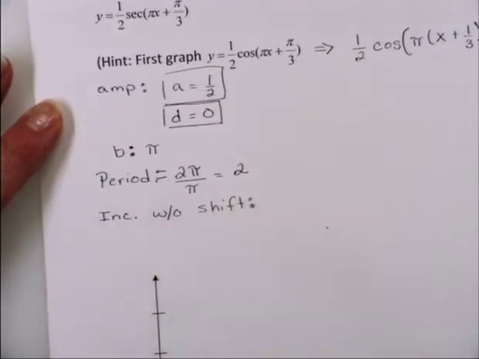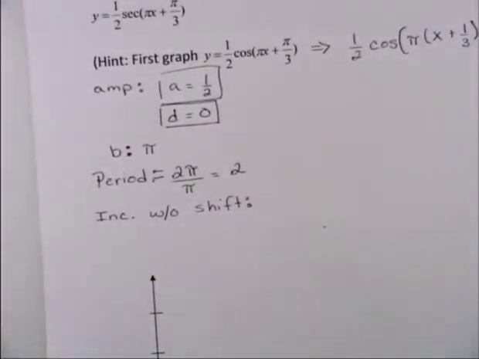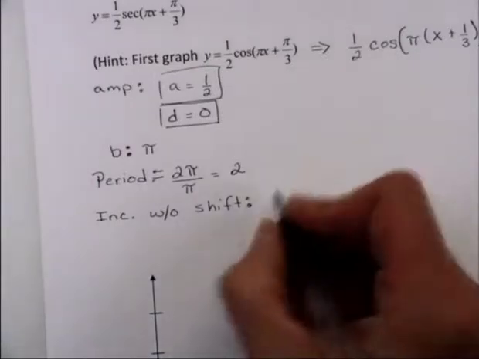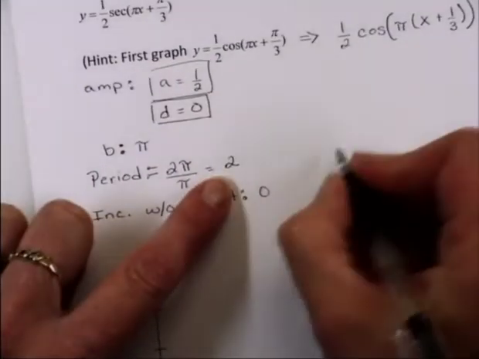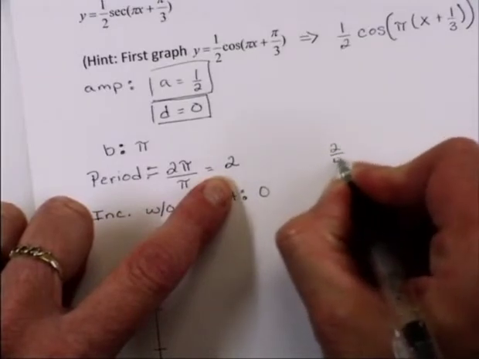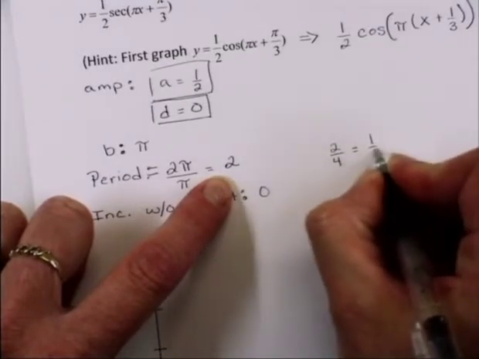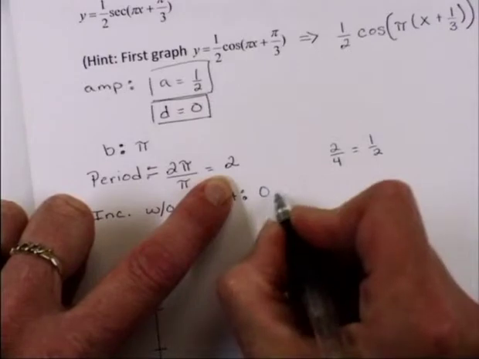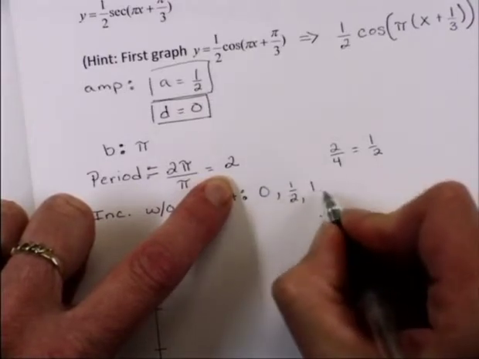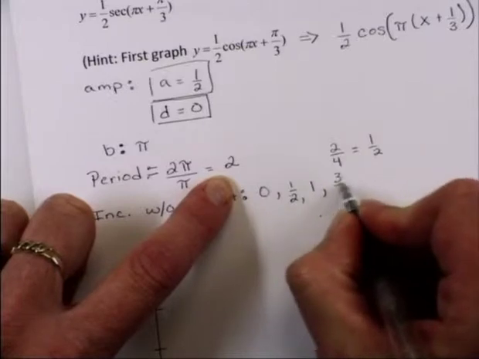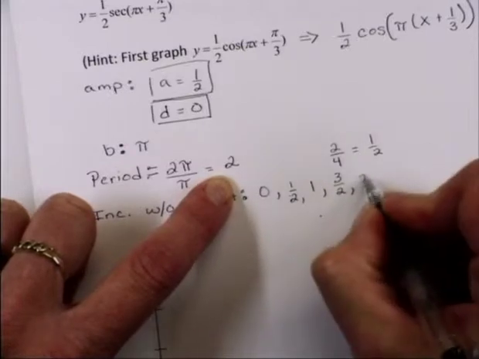Okay, so again, with sine and cosine, usually we just start at 0 and go from there. So 0, if I divide my period 2 into fourths, I get 2/4 or 1/2. So my next value would be 1/2. 1/2 plus 1/2, 1. 1 1/2, 2.